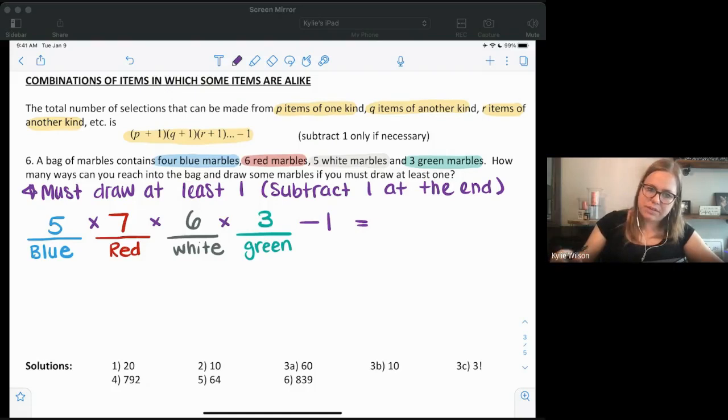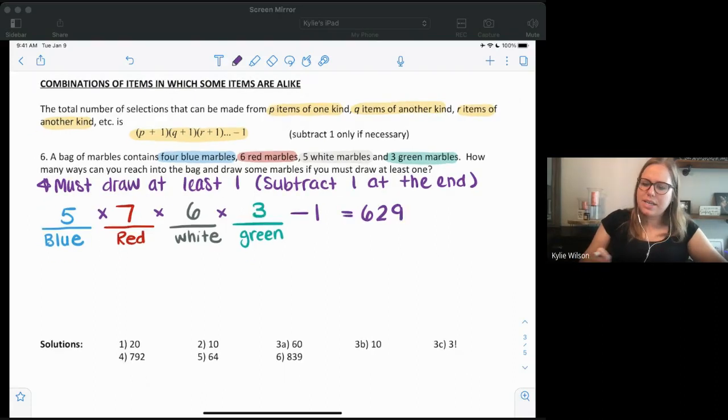So that will give me 5 times 7 times 6 times 3 minus 1, which is 629. I'm going to re-upload this solution because there's a couple of errors on the one I posted. So that's one way to do it.